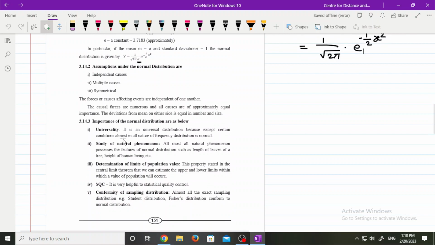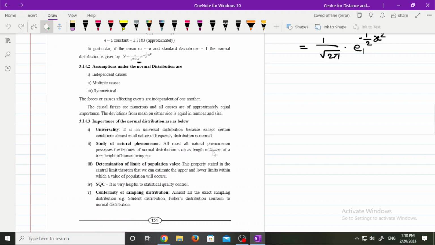Now, the importance of the normal distribution is as below. First one is universality. It is a universal distribution because, except under certain conditions, almost all natural frequency distributions are normal. Second one is study of natural phenomena.